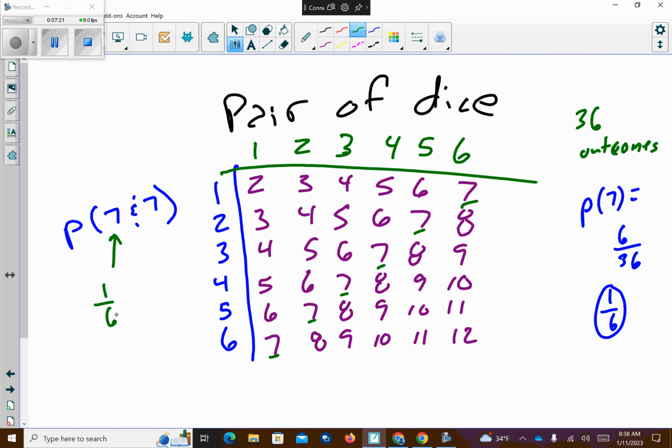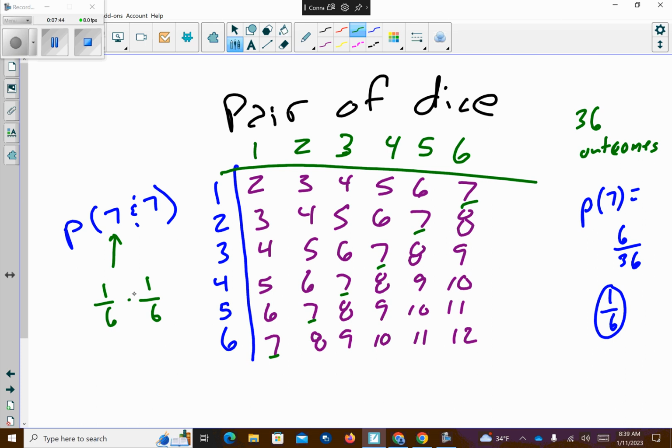It doesn't remember. So if I rolled a pair of dice, I said, hey, probability of rolling a 7, 1 out of 6. And then I'd say, okay, I'm going to see if I can roll a 7 a second time. It's 1 out of 6 again. And if you wanted to figure out the probability of rolling a 7 and then rolling a 7 on the next roll, just multiply the fractions.